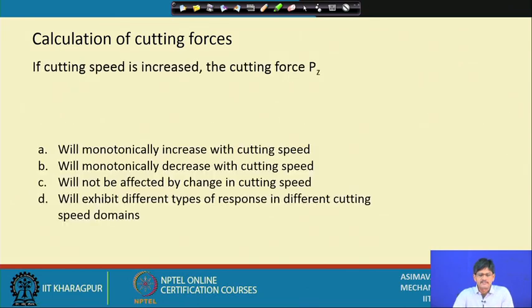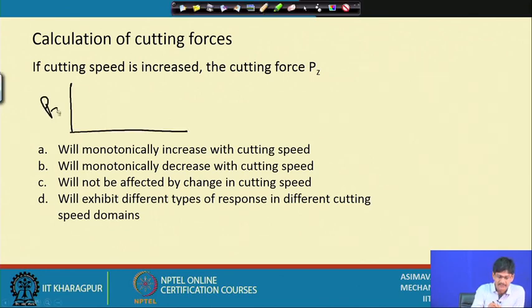Next, if cutting speed is increased, the cutting force Pz will monotonically rise with cutting speed. What we are suggesting here is this, that if we plot Pz against Vc, then if cutting speed is increasing, Pz will monotonically increase with it.